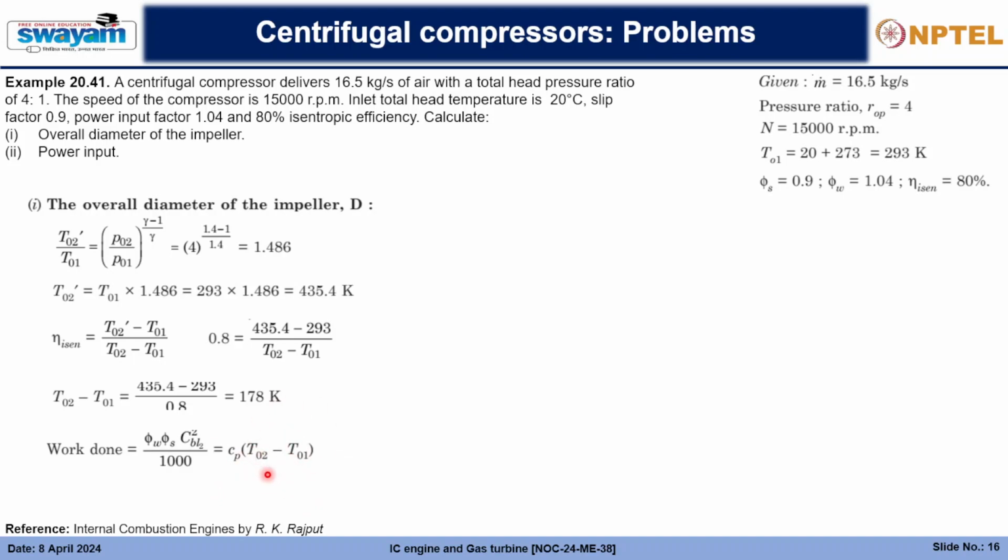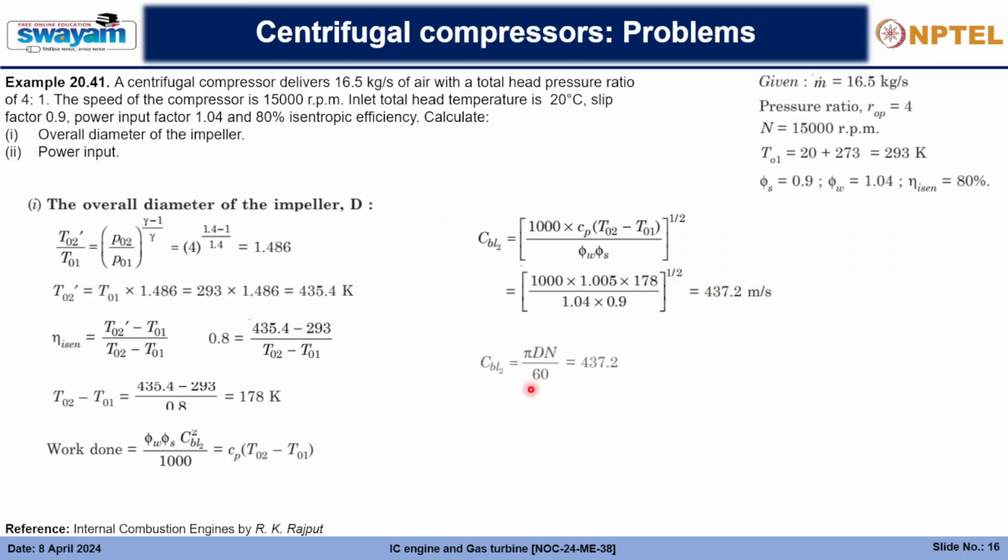That is the stagnation enthalpy difference, the work imparted due to the centrifugal action in the centrifugal compressor. So we solve for C_w2, and it gives us 437.2 meter per second.